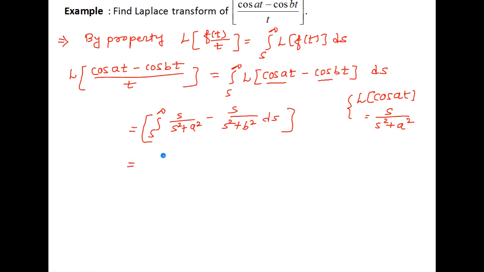And now by using integration, if we see the derivative of this denominator is 2s, s is already present there, so what is absent? 2. So by doing adjustment of 2 here, we can write like this. Also, the derivative of this denominator is 2s.